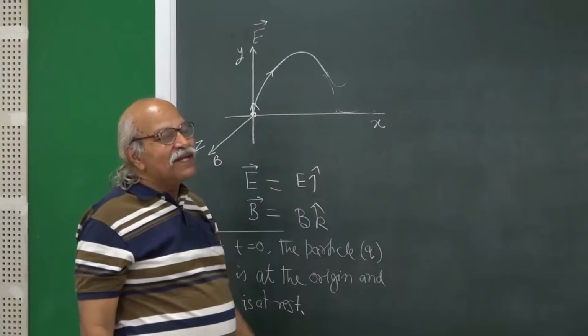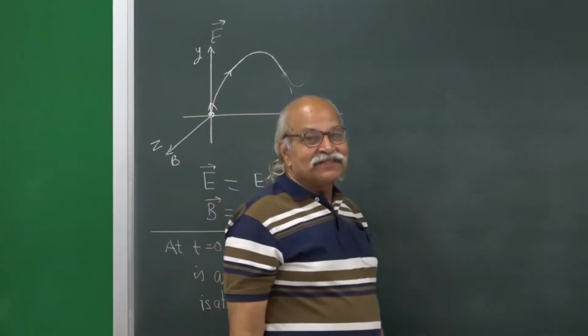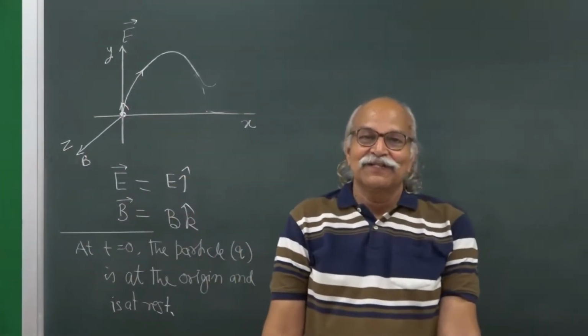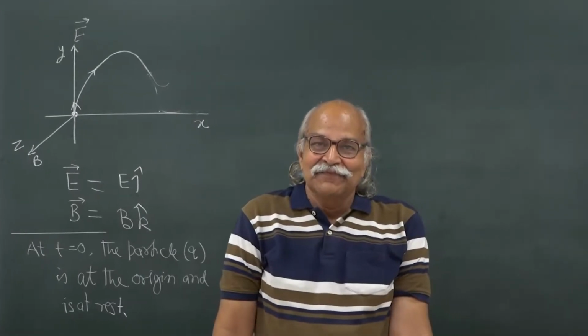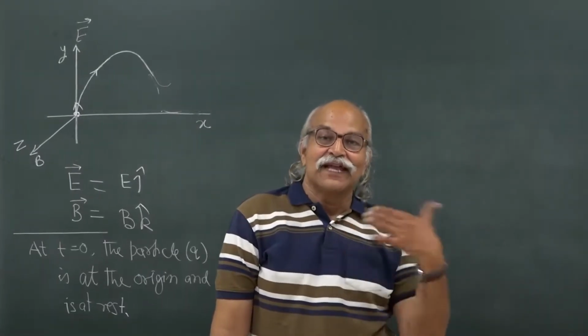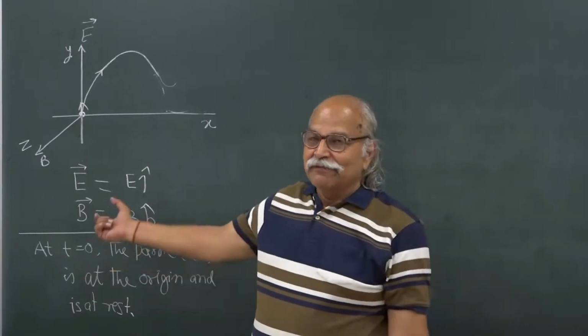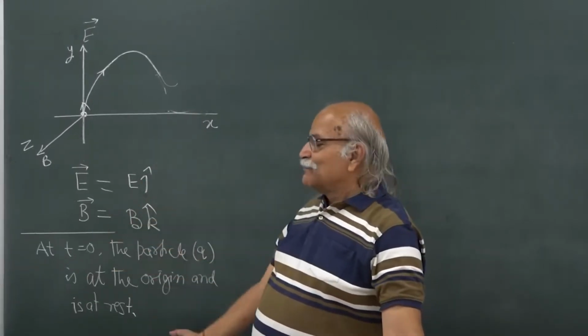Now, an extremely interesting method to do this, with crossed electric and magnetic field, is that you change the frame. This is the lab frame from which we have described everything.